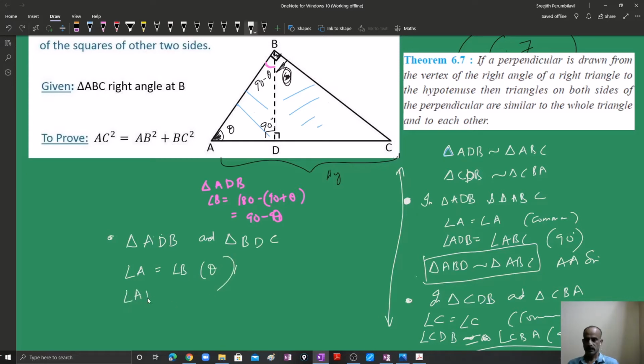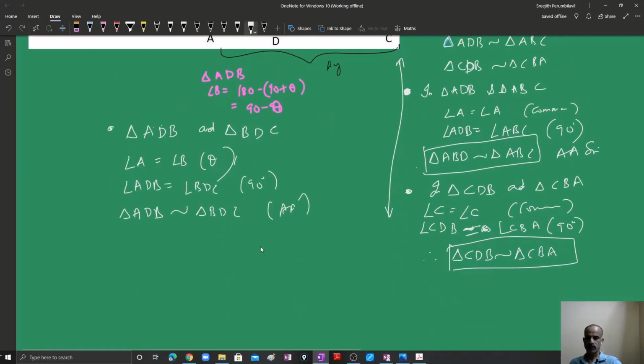Angle ADB is equal to angle BDC, 90 degrees. Therefore, triangle ADB is similar to triangle BDC, by AA similarity. So these two triangles are similar to each other. Why I explain this is that it may be useful for certain other questions. For the board, you don't need to learn this part, but we will be using this in the Pythagoras theorem. So let us move on to the Pythagoras theorem.